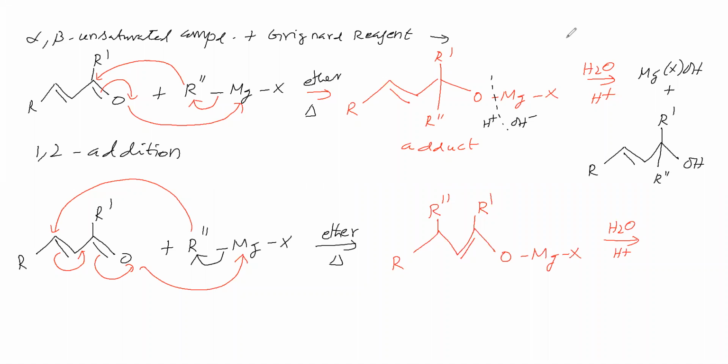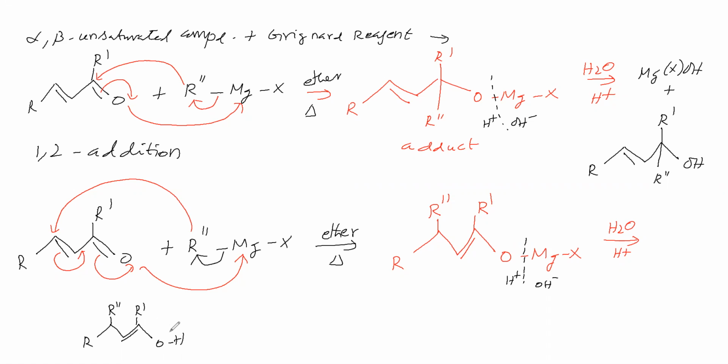Now we will go for hydrolysis. This side H plus, this side OH minus. So what we will get, we will see: here R, here R2 dash, here R dash, here pi bond, here OH. Like this we will get.